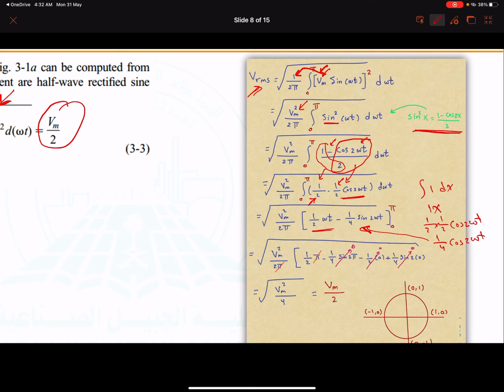Then we substitute the limits 0 and pi. The first part is pi, and then we go to 0 minus. So we substitute omega t with pi: half pi, minus sine 2 pi, and omega t is pi, so we write pi here.